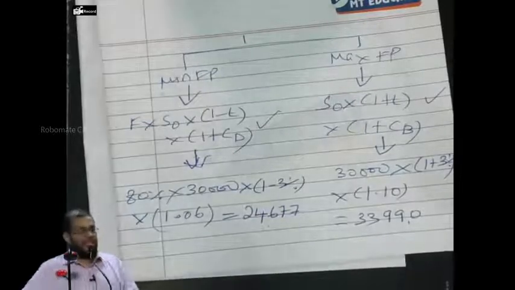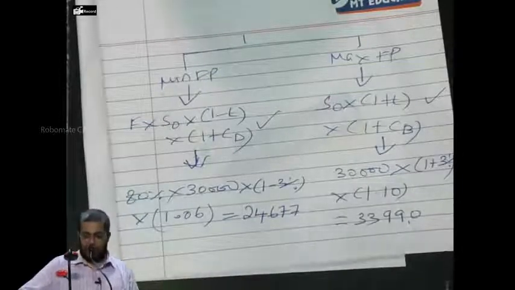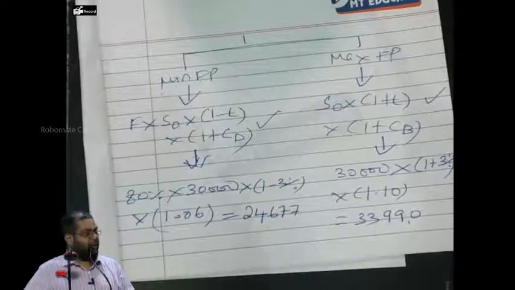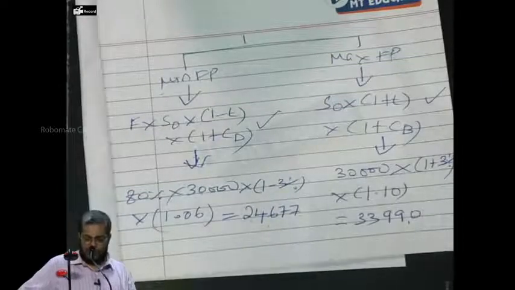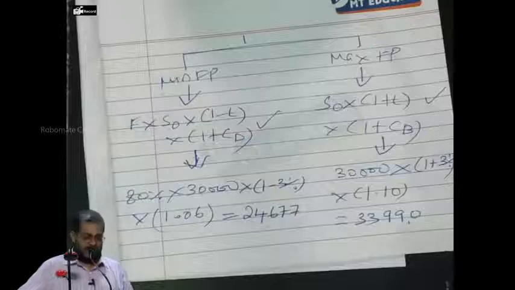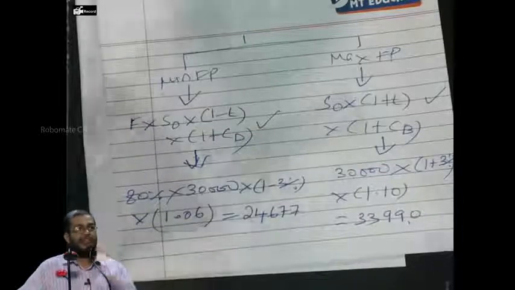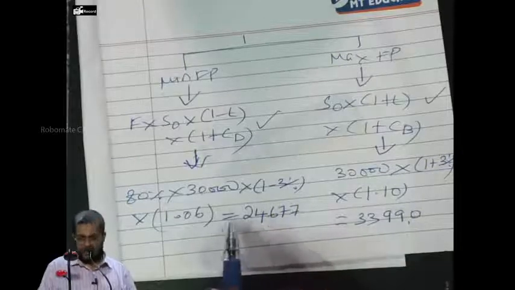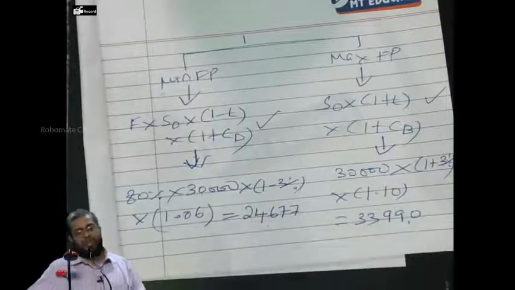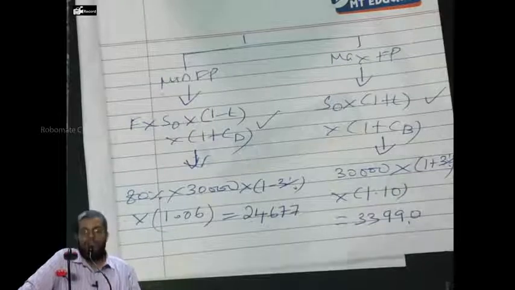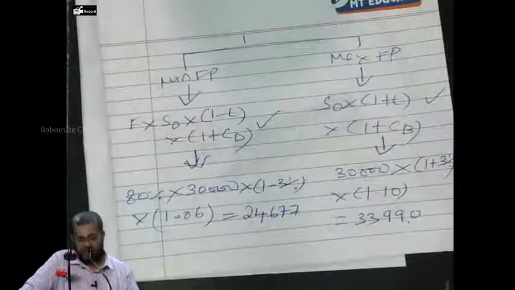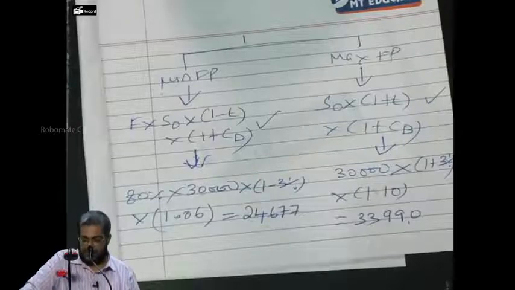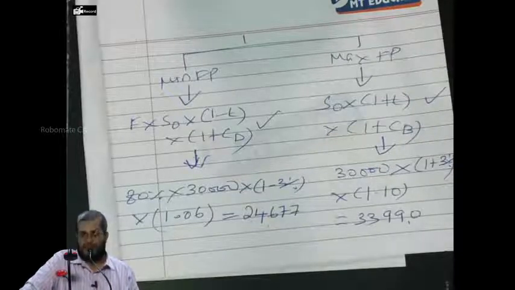If the actual futures price is below 24,677 and above 33,990, tell me what happens?